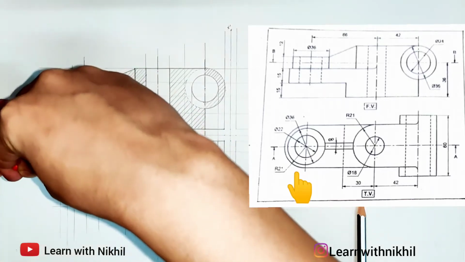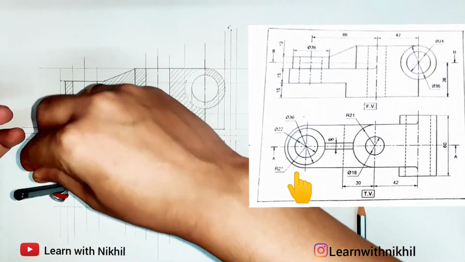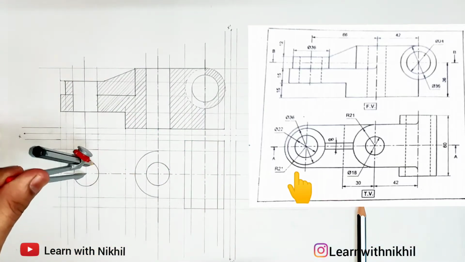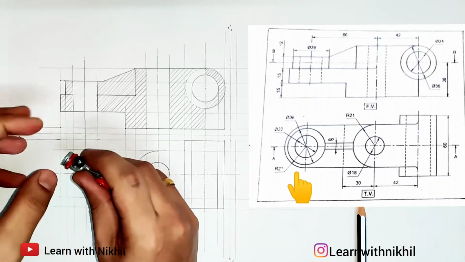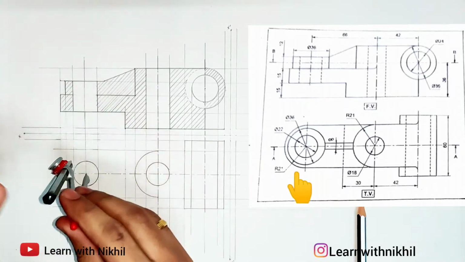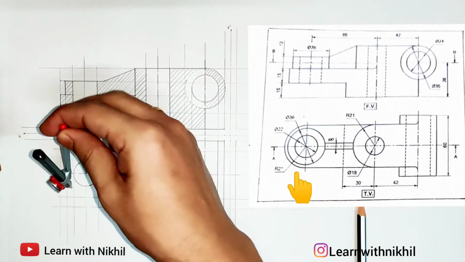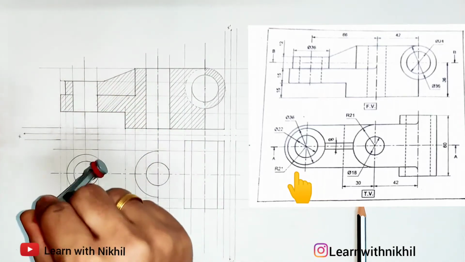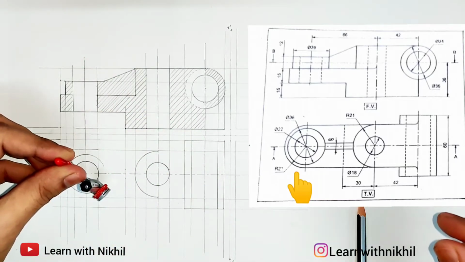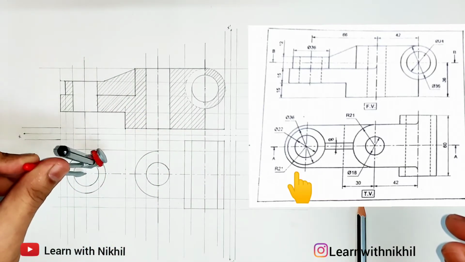Now we have to draw two circles with diameter 22, so radius 11. We have already taken the dimensions from the front view. So you just have to draw the circle extending the compass. Now the other circle with diameter 36. Drawing this circle. This is of diameter 36.